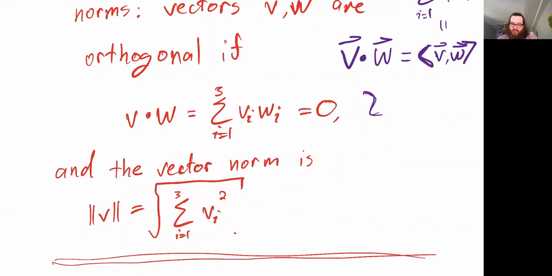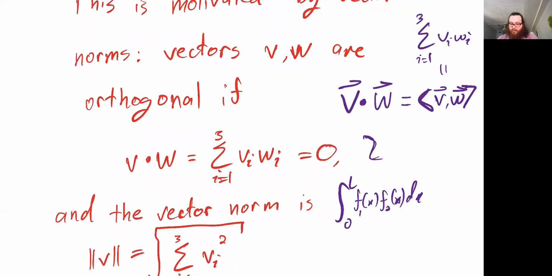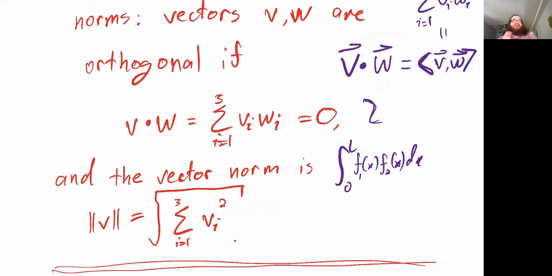The observation is that this behaves a whole lot like the integral from 0 to L of f1(x) f2(x) dx. The key property we want from this dot product is that it's linear in each argument, and you can check that this integral is linear in each argument as well.